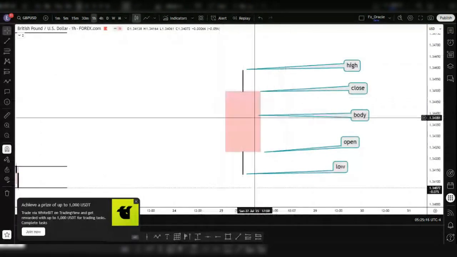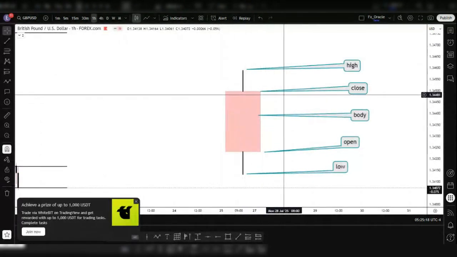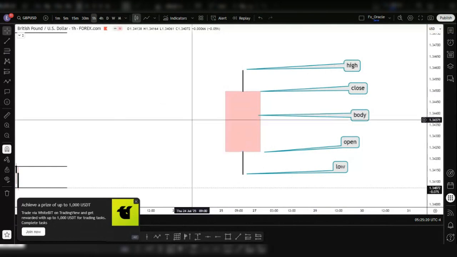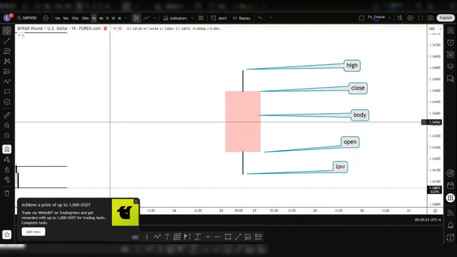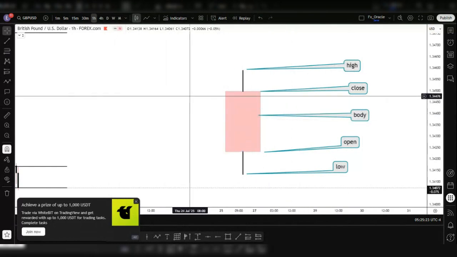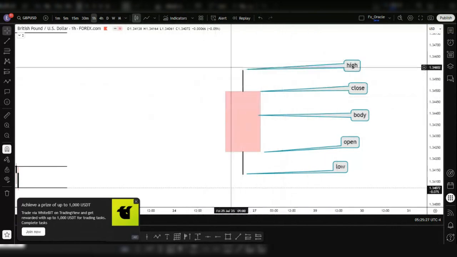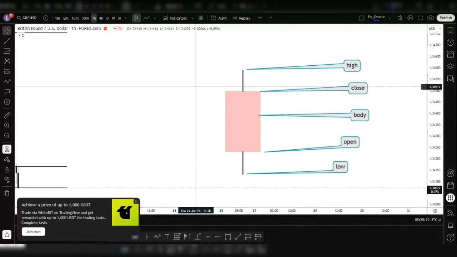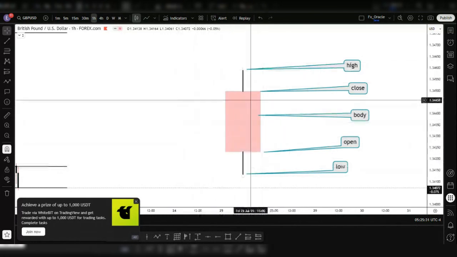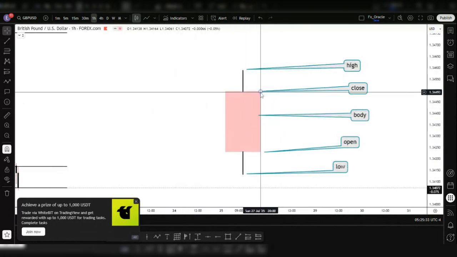Let me put it that way. We have the indecision candle. We have the bullish engulfing. We have the bearish engulfing. We have all those ones now came out of this particular candle formation, how it's been formed.